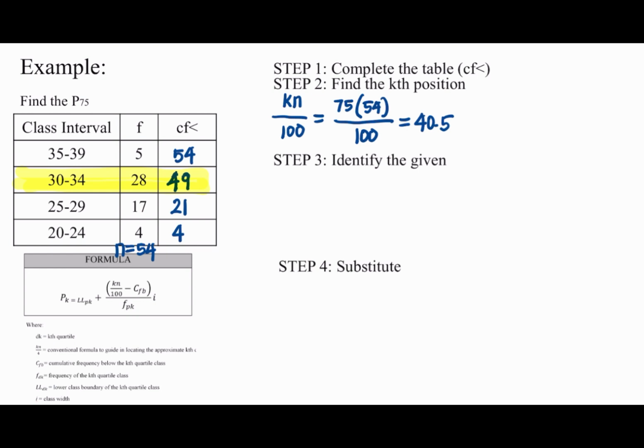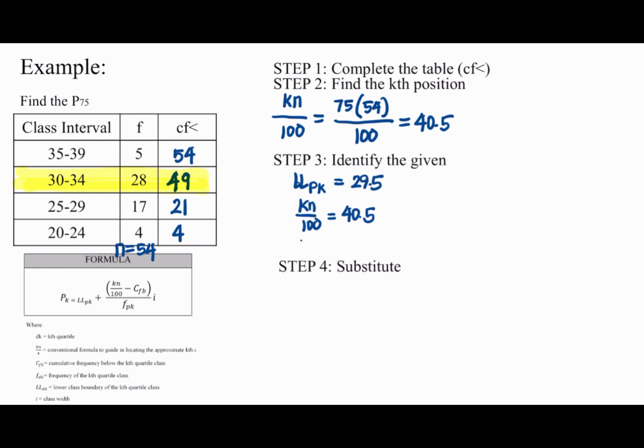So in that case, we are now going to identify the given. Start with the LL of P sub k, which is equal to 30 minus 0.5, which is 29.5. Next, Kn over 100 is 40.5.